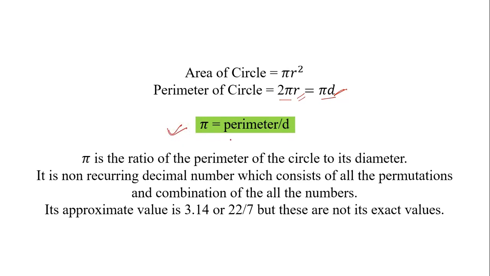Pi is simply the ratio of perimeter to its diameter. Pi is an irrational number. Pi is a non-recurring decimal number. But its approximate value that we take is 3.14 or 22/7 according to our suitability.